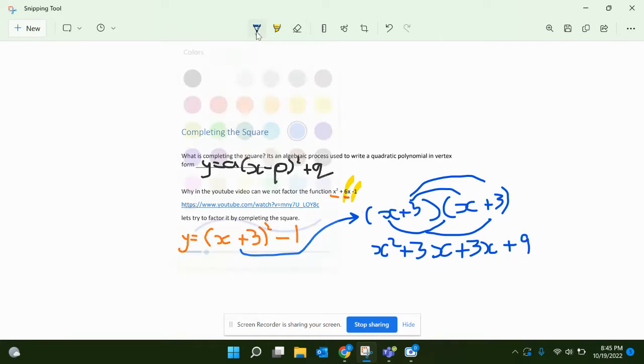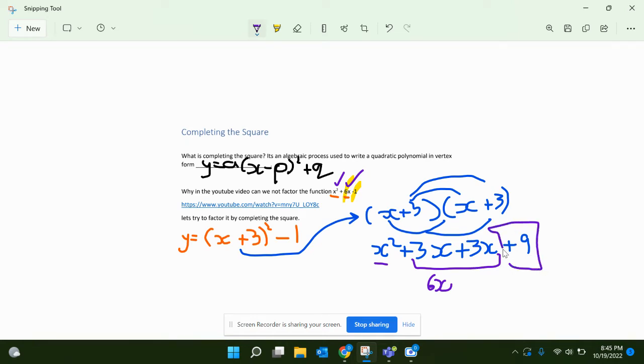Okay, so let's just take a quick little gander here. We have an x squared. Our original function had an x squared. That's good. Of course, this 3x plus 3x, that's equal to 6x. Okay, and if I look, our original function had a 6x. I've also got this extra piece right here, which is a plus 9. That's not good. Our original function didn't have a plus 9. It had a -1. So what I'm going to have to do with this is subtract 9.